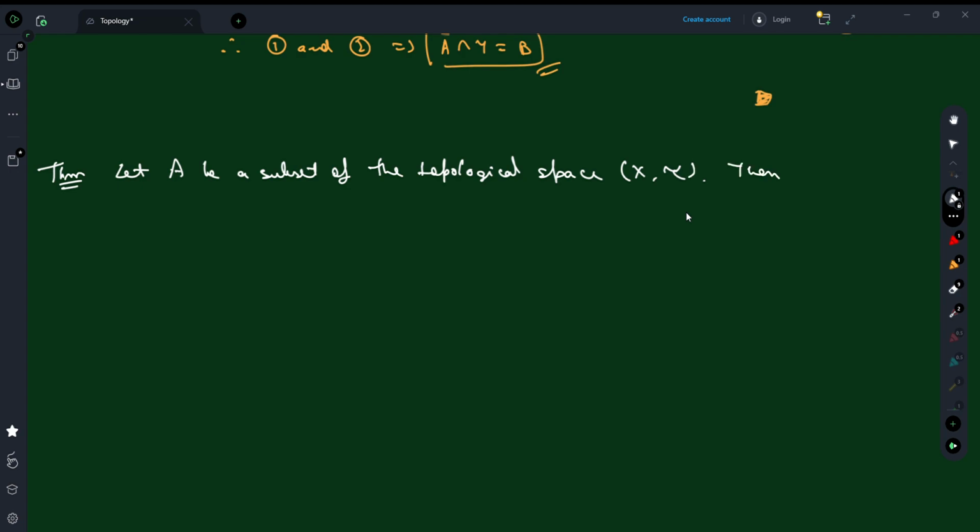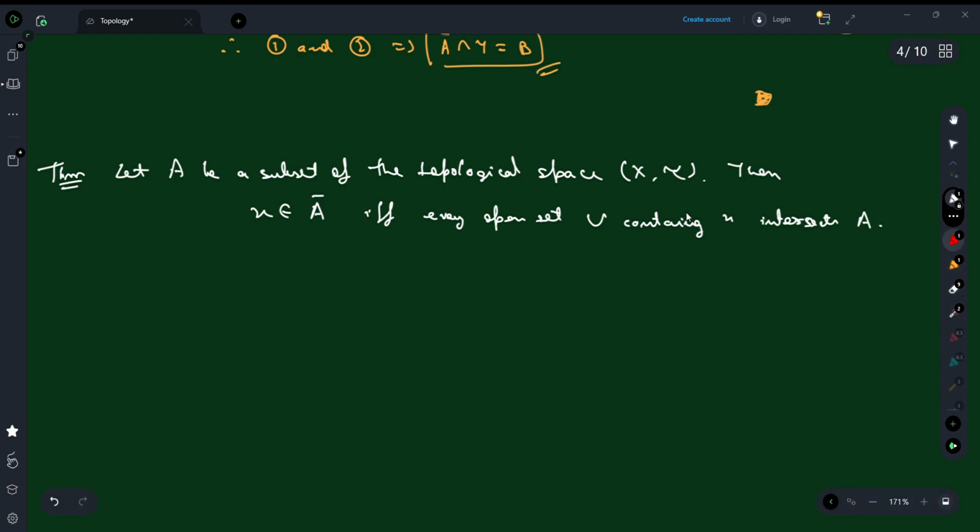Then x belongs to the closure of A if and only if every open set U containing x intersects A. So recall what we started with in metric spaces.